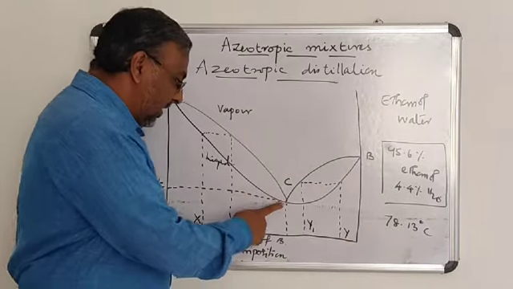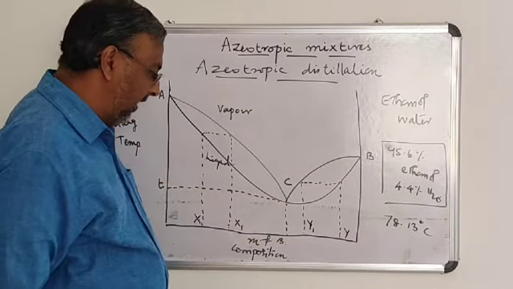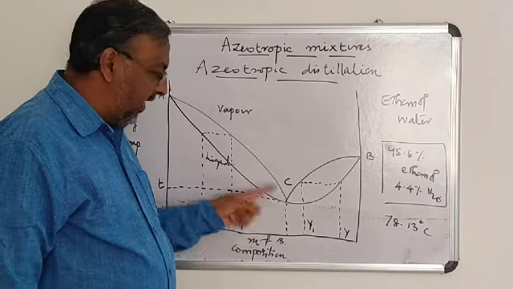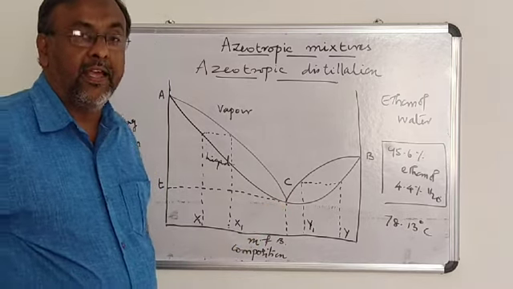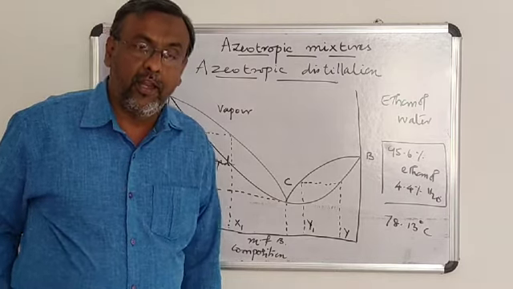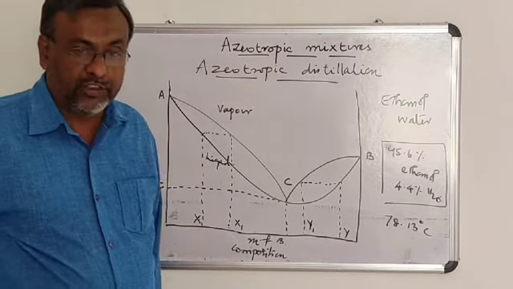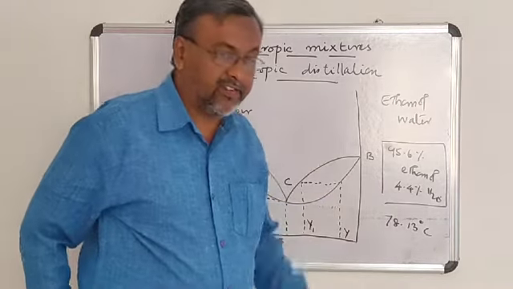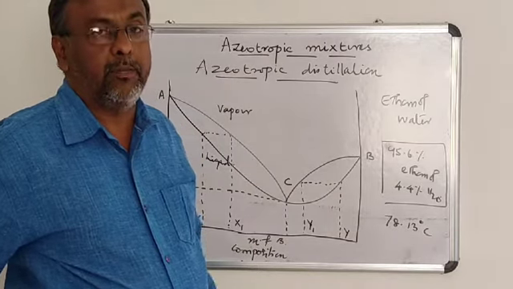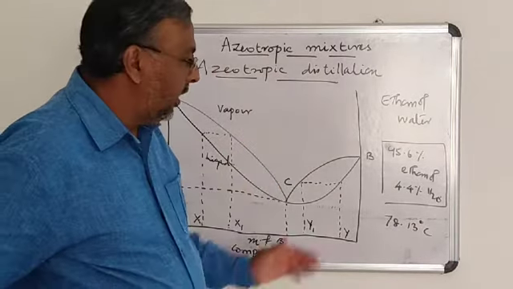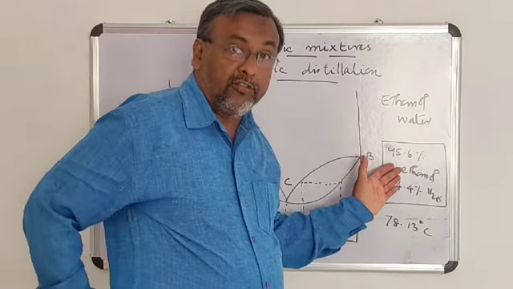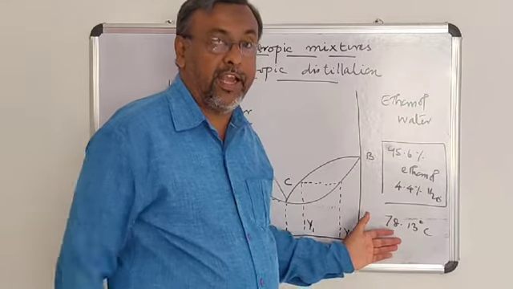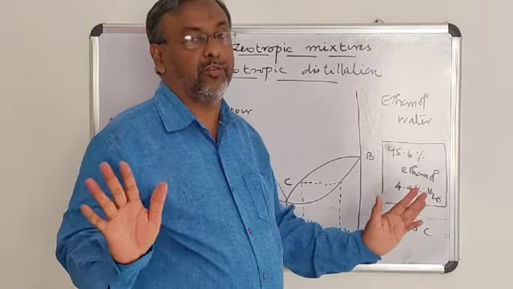Here in this case, point C is the azeotropic mixture, where this liquid will boil as a single pure liquid. It will boil without change of composition at a constant temperature T. In the case of the ethanol-water system, the azeotropic mixture made up of ethanol and water will boil at a constant temperature, that is 78.13 degrees centigrade, without changing the composition.